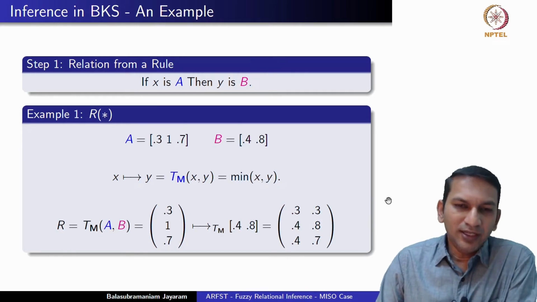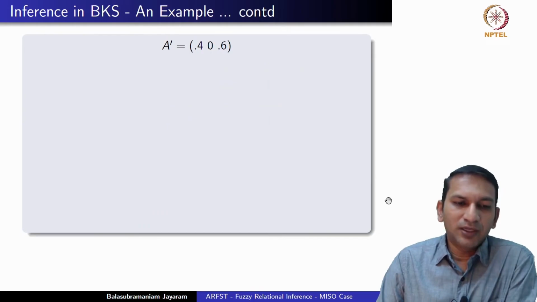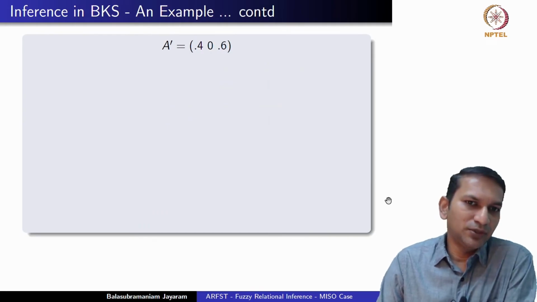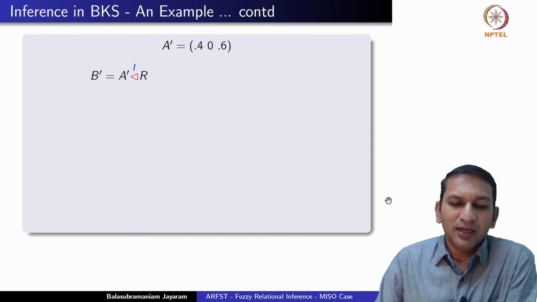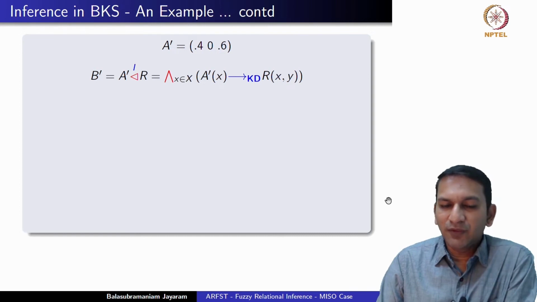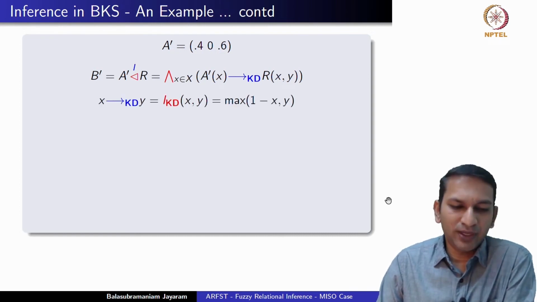Now, the relation itself was obtained using the T naught, but the composition is the inf composition because we are in the regime of BKS inference, Bangalore cohort subproduct inference. And for the implication here, we have used the Kleene-Dienes implication, which has given us max of 1 minus x comma y.